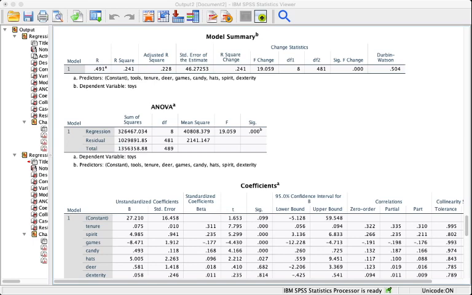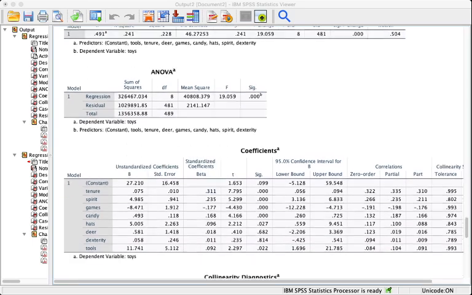The model summary will give you the results for each step, which is something that we'll talk about, whereas the ANOVA table just gives you the results for the overall model. All of that will make more sense once we actually get to ones with multiple steps.